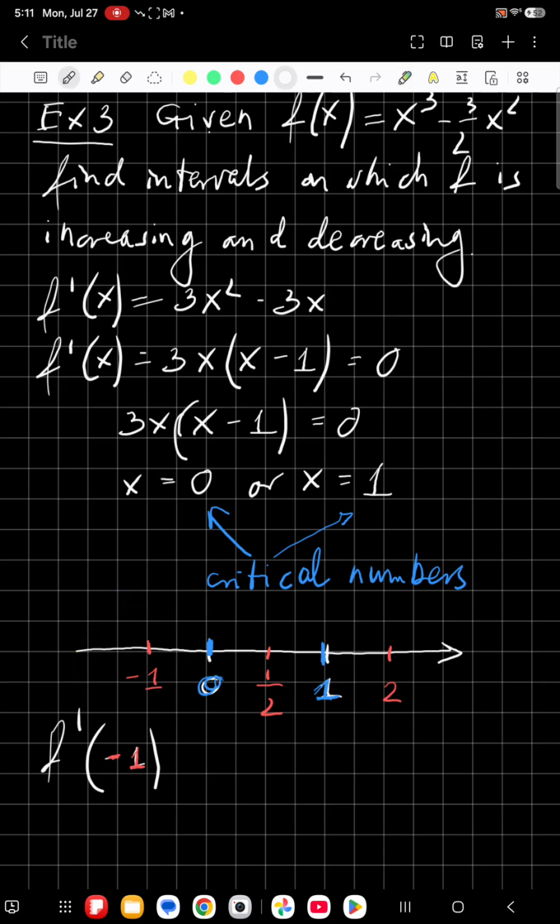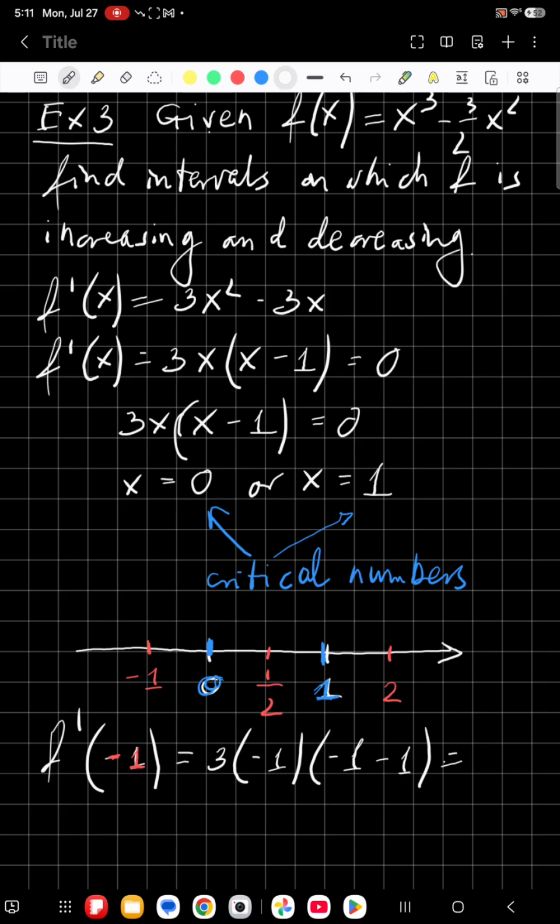Okay, so f prime of -1, and we're just plugging in that -1. So we get 3 times -1, and then -1 minus 1. And we're not really interested in what that result is. So we kind of have to do arithmetic, but we don't really. I kind of think about it like this: this part will give me negative, this part will give me negative, and negative times negative is positive.